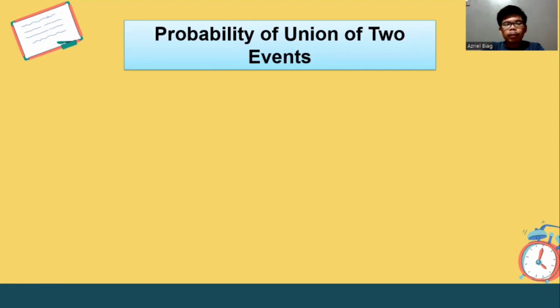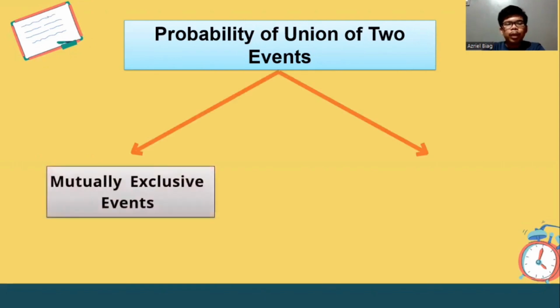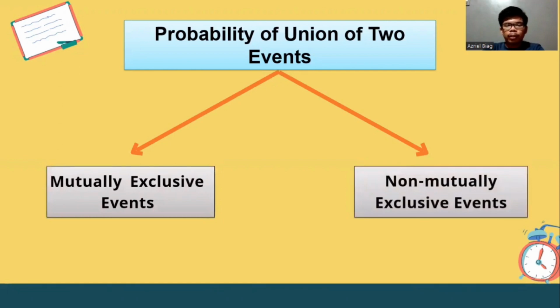What about if we want to find the probability of the union of two events? The probability of the union of two events is classified into two: mutually exclusive events or non-mutually exclusive events.